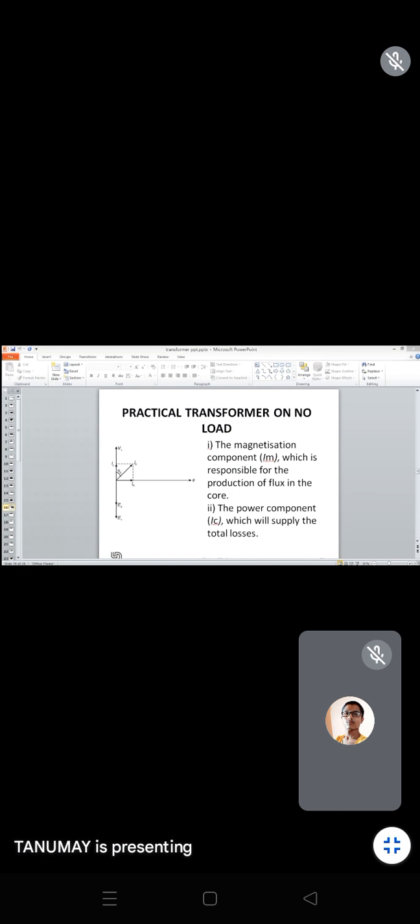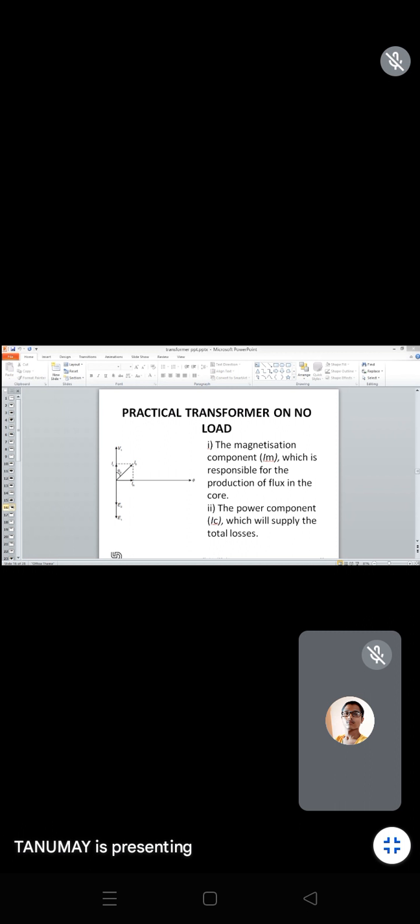In case of inductive type load, the current will try to lag from the supply voltage with some angle. In case of resistive type load, the direction of voltage and current will be in the same direction. And in case of capacitive type load, current will try to lead from the supply voltage with some angle.